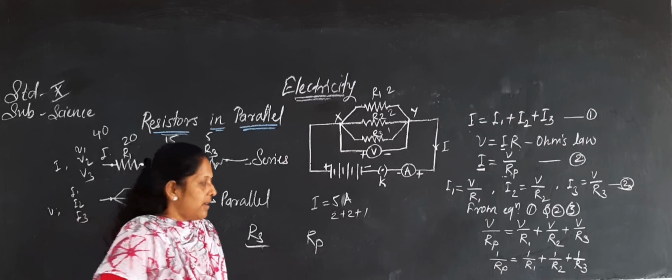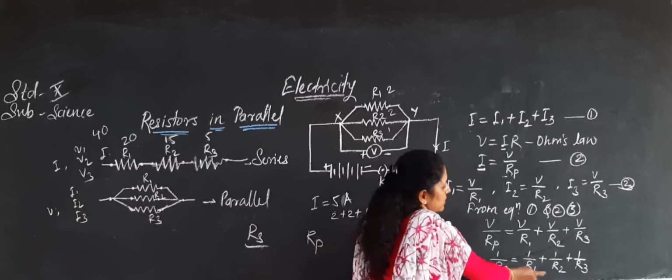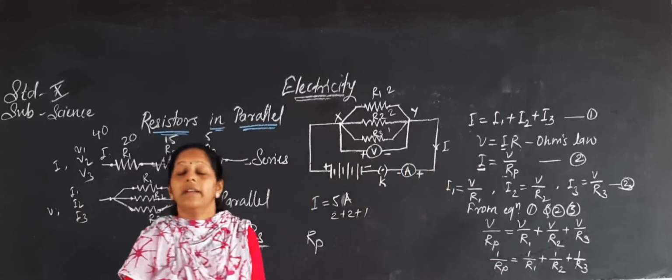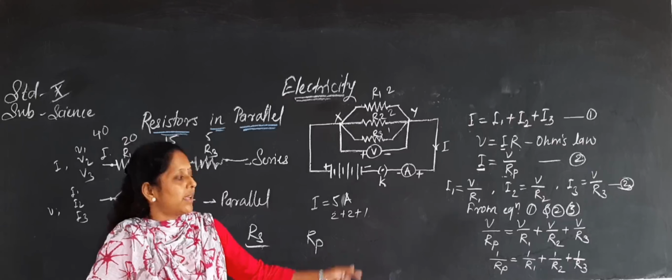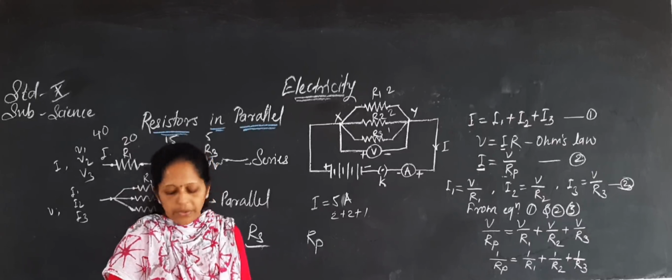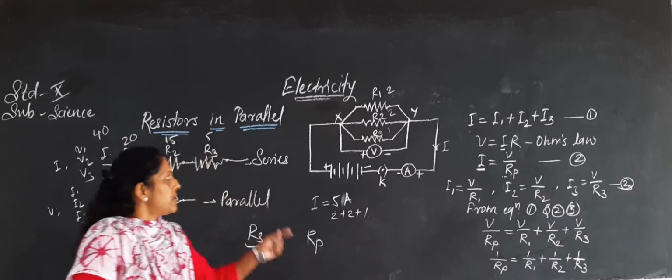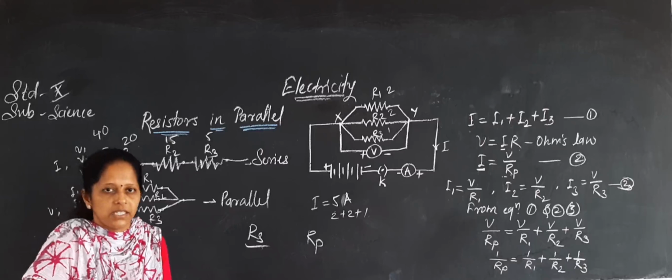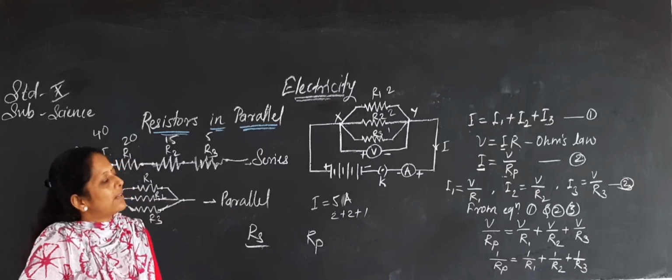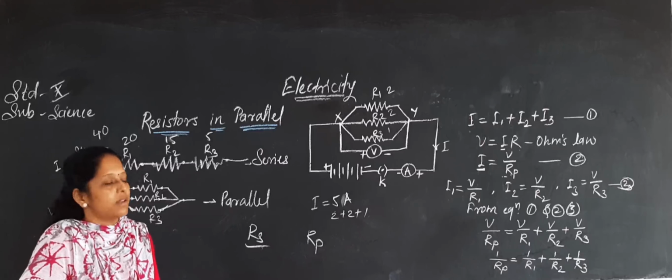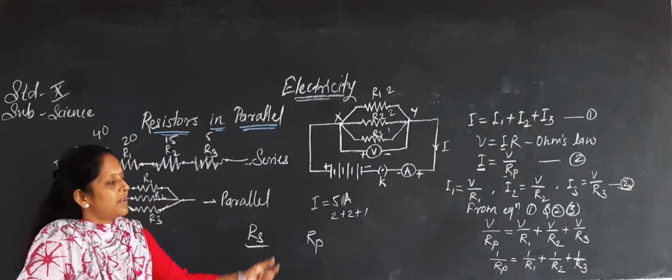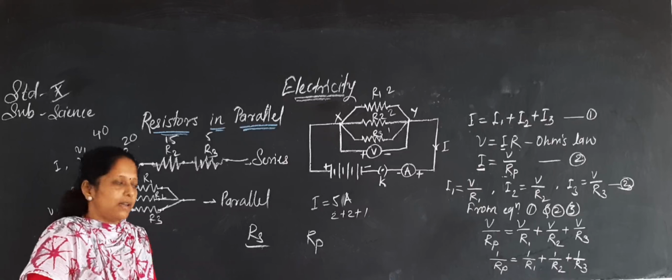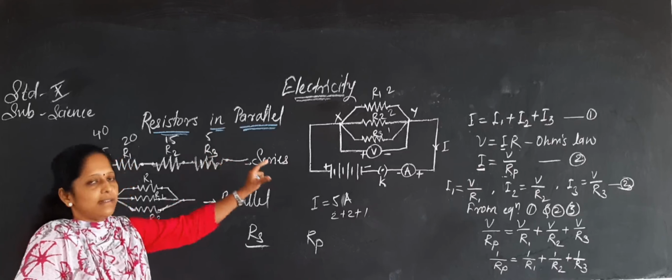It is nothing but the reciprocal of the parallel resistance equals the sum of the reciprocals of the individual resistances. That is the equation we are getting for resistors in parallel, and that is the formula we use to calculate it.